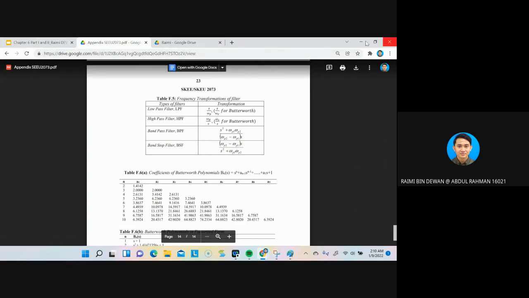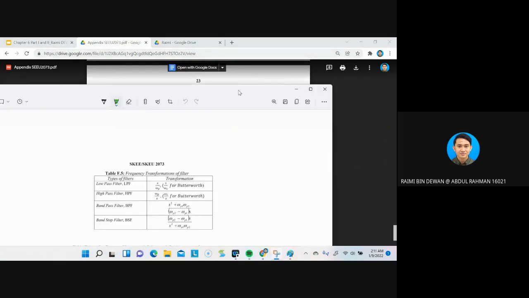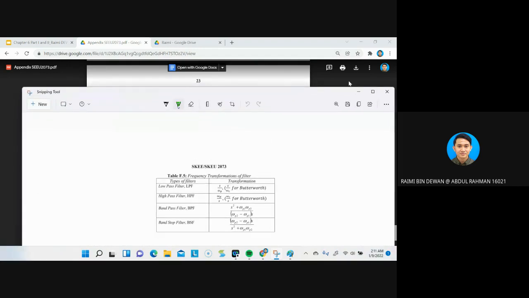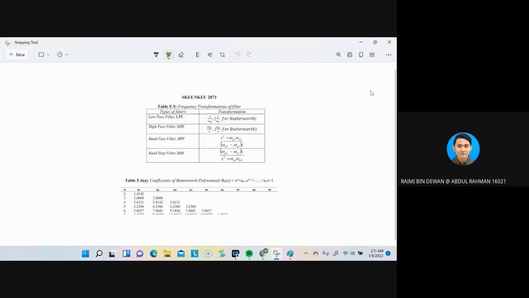So you can see this is your H_N(S), the normalized transfer function. If we want to denormalize it, or obtain the real or actual transfer function, we need to denormalize.